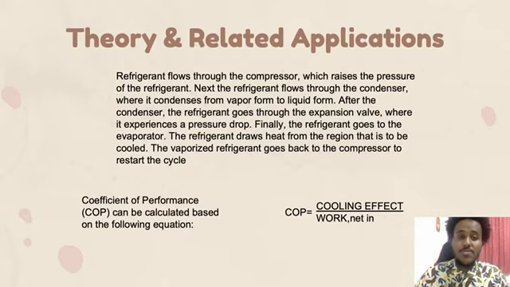Finally, the refrigerant goes to the evaporator. The refrigerant draws heat from the region that is to be cooled. The evaporated refrigerant goes back to the compressor to restart the cycle. The coefficient of performance (COP) can be calculated with the following equation: COP equals cooling effect divided by net work in.